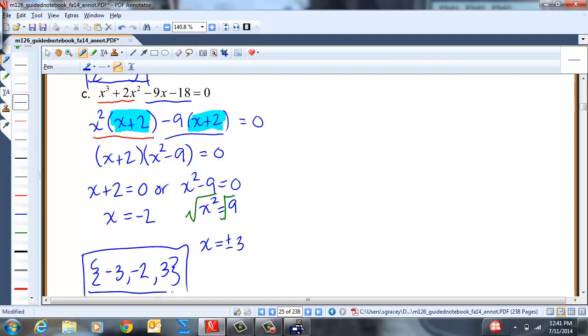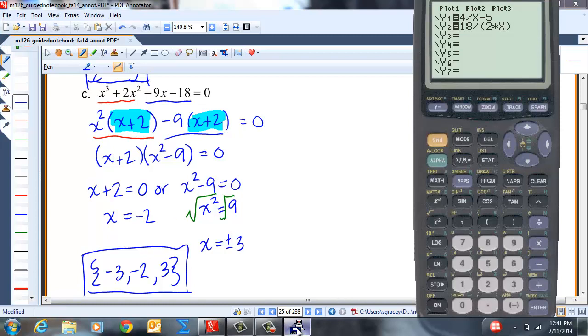So let's check to see how we did. This one is set up really well for the zero or root feature of the calculator.